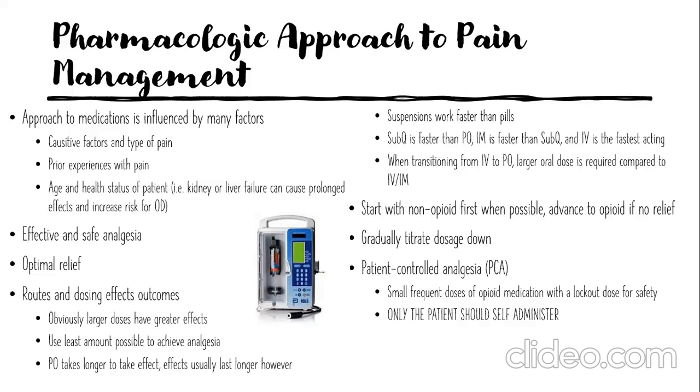Obviously, you want to provide effective and safe analgesia. Analgesia is the medical term for pain relief, hence why pain medications are called analgesics. You want to get the best relief possible. Routes and dosing, again, can affect the outcome. Obviously, the more the medication, the greater the effect. But you want to use the least amount possible to achieve it.